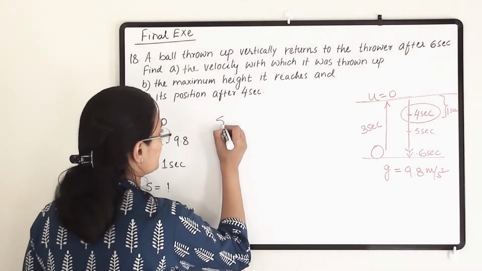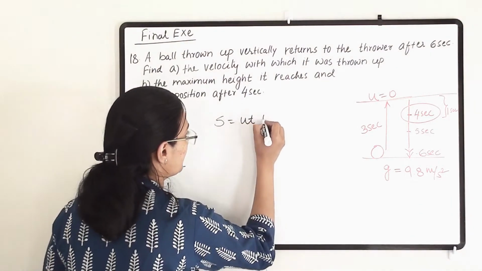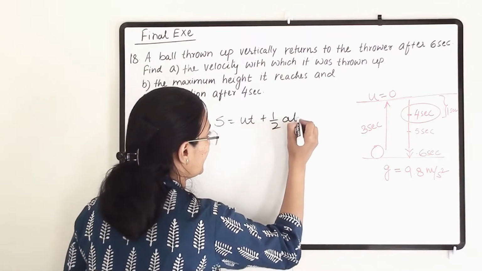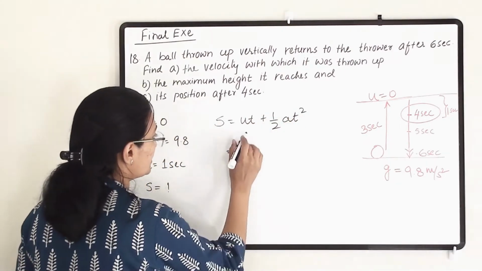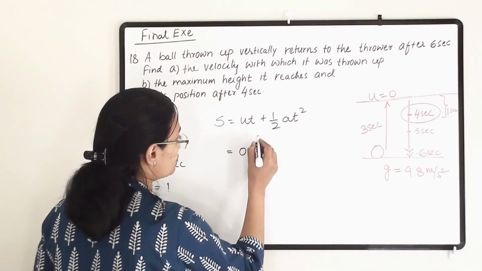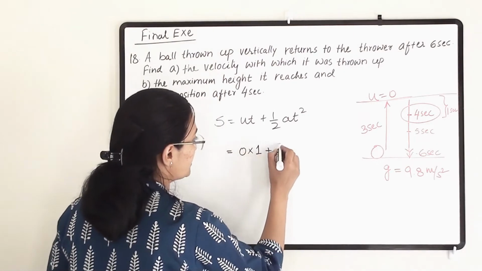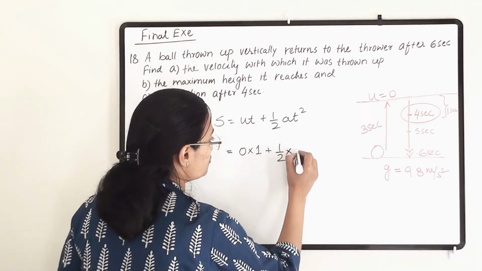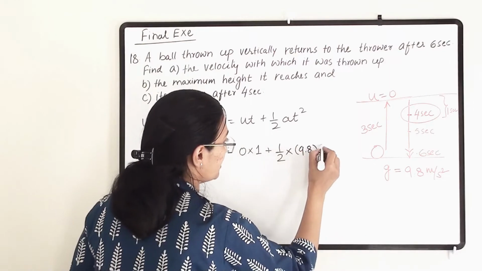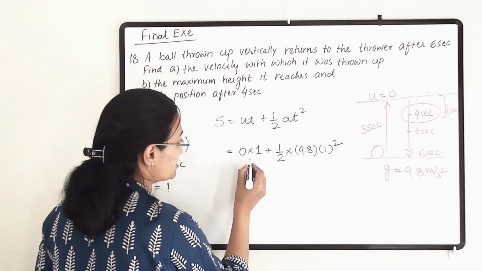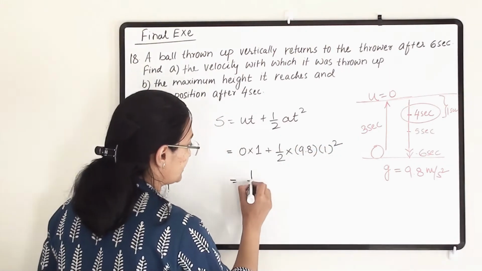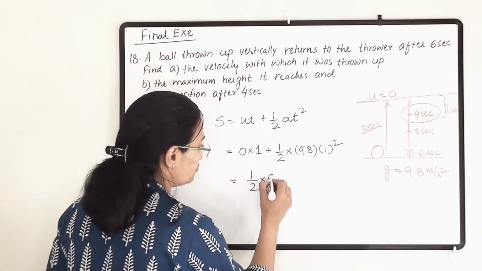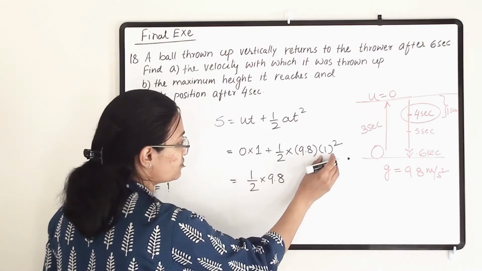So our equation is s equals ut plus 1/2 at square. Now u is 0, so 0 into time, that is 1, plus 1/2 into 9.8 into 1 square. So this term is going to be 0. We will get half into 9.8, and this is going to be 1.